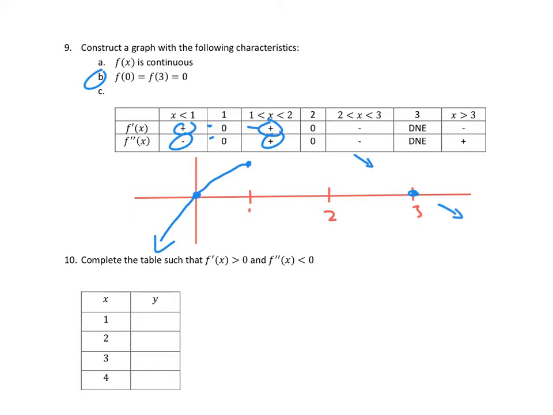All right? Now, right here, we start to see a problem with the problem. Because if at some point at 2, we've got to now go down, decreasing, and we've got to be concave up. No, I'm sorry, concave down. So we need to change directions, and it needs to go something like this.